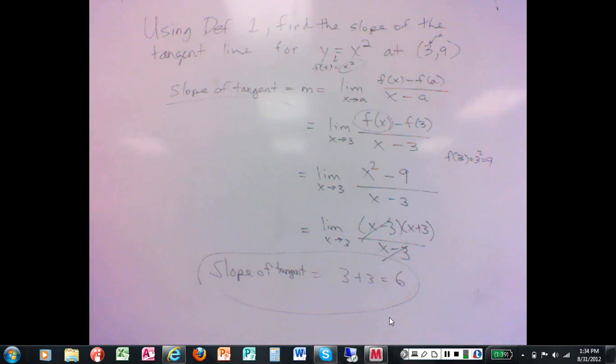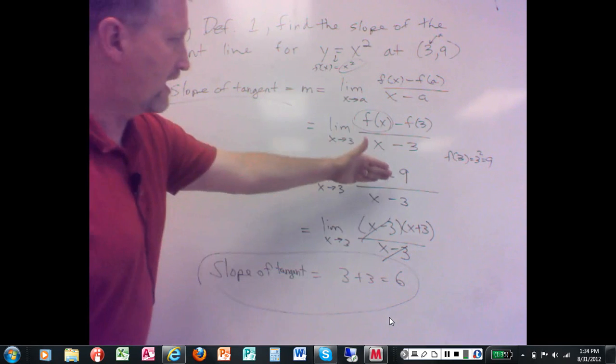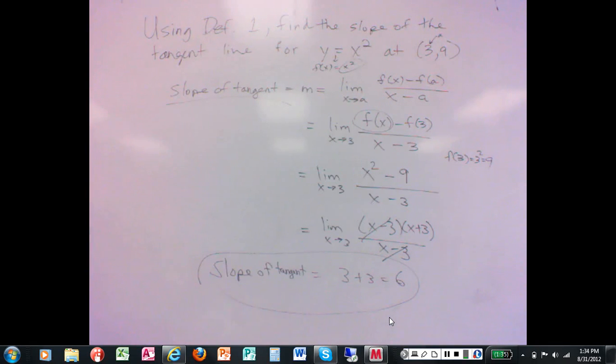The slope of this tangent line at (3, 9) turns out to be 6. Didn't use a table, didn't have to, because now I know something about these limits, so if I set up this limit, I can figure out the slope of the tangent line. And it's 6. Okay?